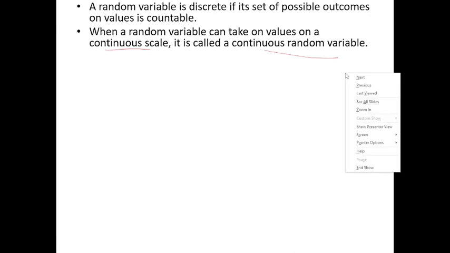Okay, kasing dami ng mga points sa line segment, in short. Continuous, walang putol. No? Every point in a line segment, okay, is included. So, it is called a continuous random variable.